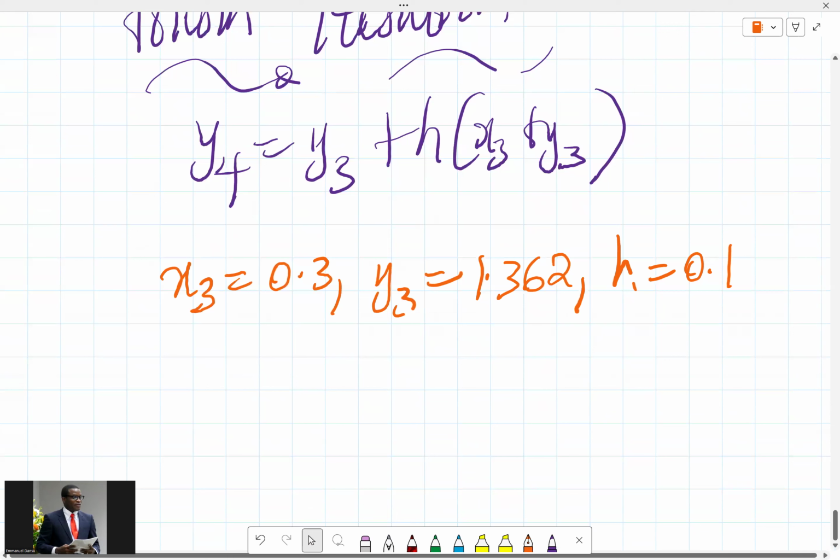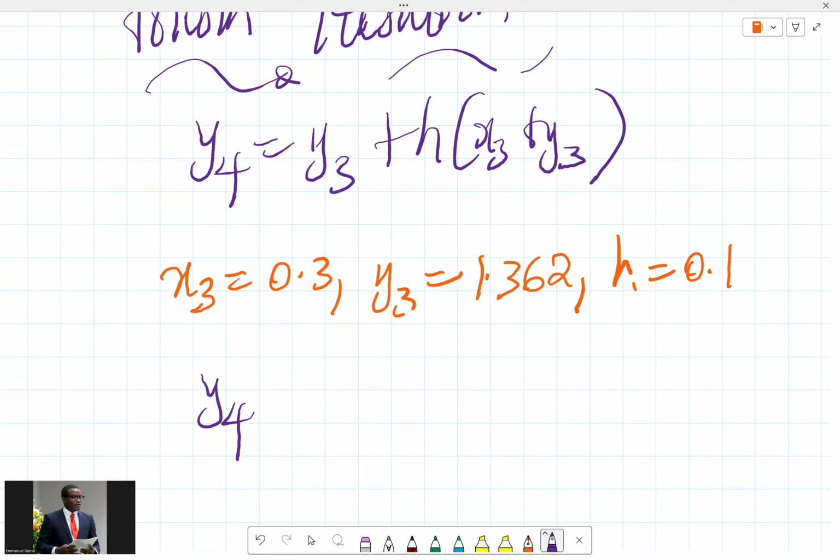So with that 1.362, we go ahead and have y4 equals 1.362 plus 0.1 into x3, which is 0.3, plus 1.362.